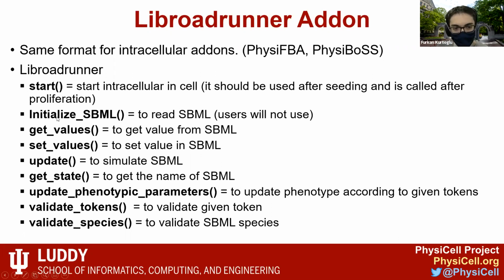And initialize SBML is specific to libRoadrunner. It is actually reading the SBML. Actually, you will not use it. Get values and set values are two important functions. Get value is getting the value from the SBML, and set value is setting the SBML.